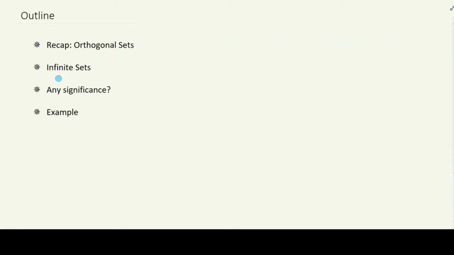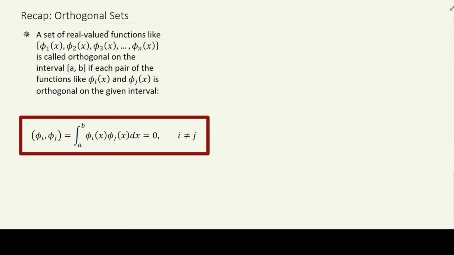Why do we really care about infinite sets? And at the end, I'm going to be providing you with some practical examples. We're going to be looking at some of the infinite sets, and you're going to see later that they're going to be really useful and important when it comes to the Fourier series.